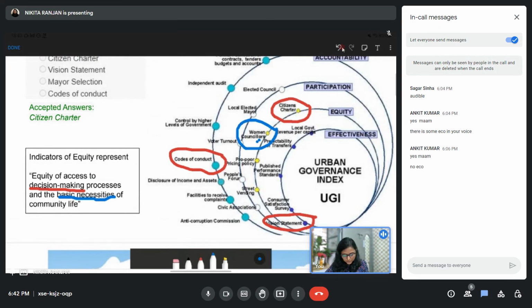Another thing which you might see is equitable access to basic necessities. For this, you see the pro-poor pricing policy here. Why do we need a pro-poor pricing policy? It is because the poor and the people from weaker sections of society do not have access to basic needs as they have low affordability. They cannot afford even the basic necessities which most other sections of society can afford.